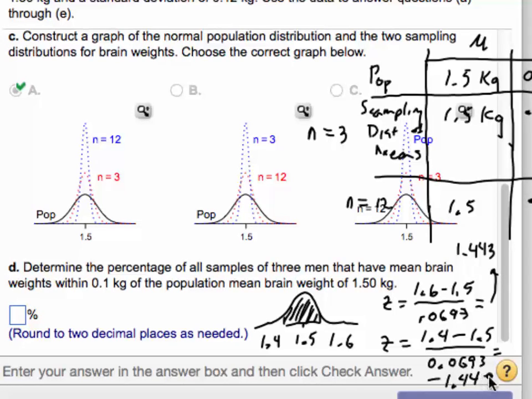And now you go to your chart. The chart's going to give us all the area to the left of 1.443 and all the area to the left of negative 1.443. And like Mackenzie said very well, you're going to subtract all the area to the left of negative 1.443 from all the area to the left of 1.443.